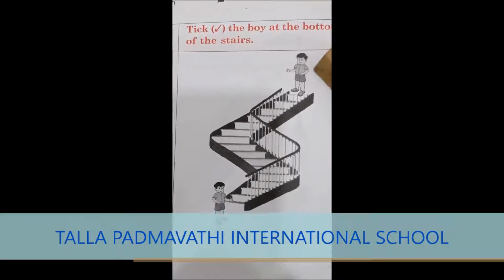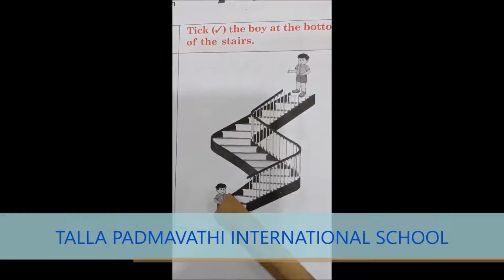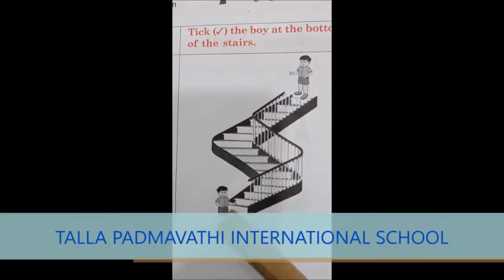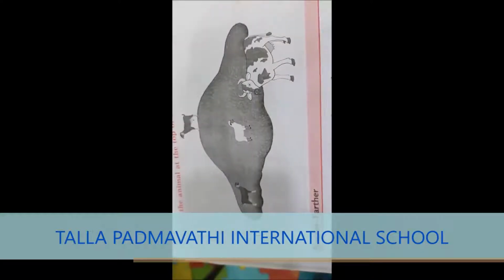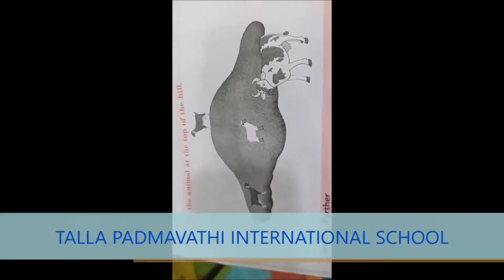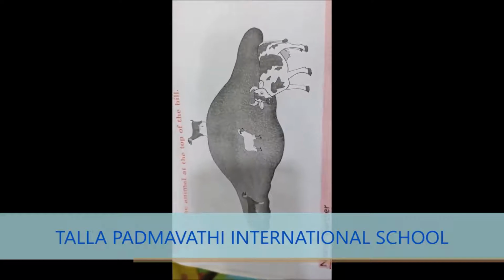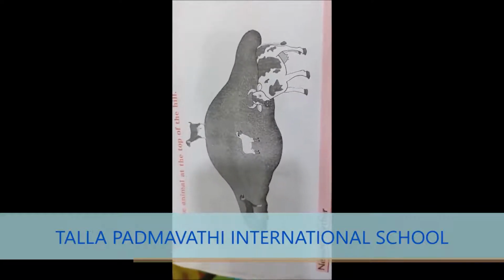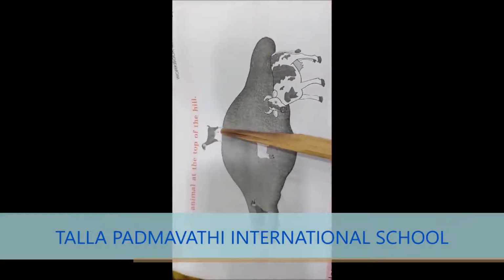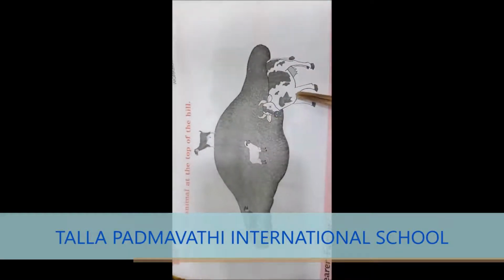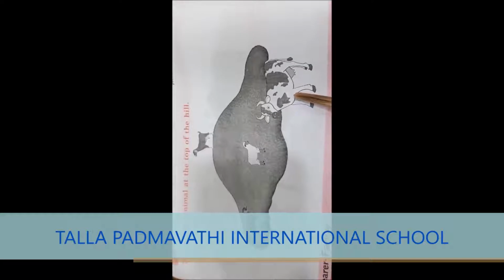Is this? Yes, this boy is standing at the bottom of the stairs. Now look at the picture and tell me which animal is at the top of the hill. The goat is at the top of the hill and the cow is at the bottom of the hill.